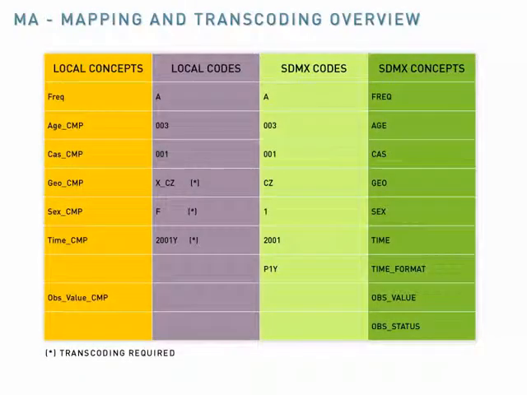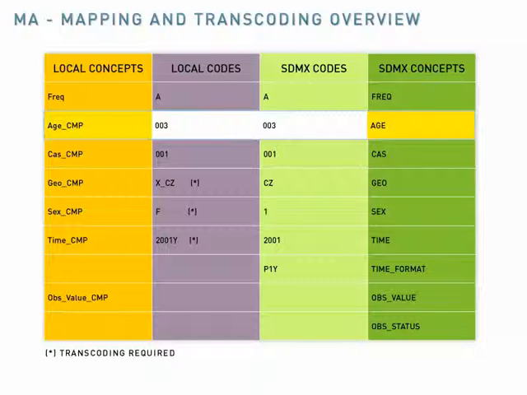The mapping and transcoding to be performed with the Mapping Assistant is shown in this overview. This will cover steps 3 and 4 of the mapping process. For example, the local concept age_CMP is mapped to the SDMX concept age.